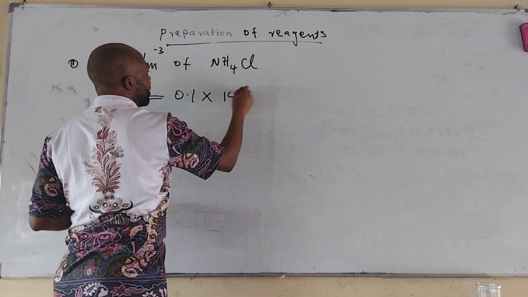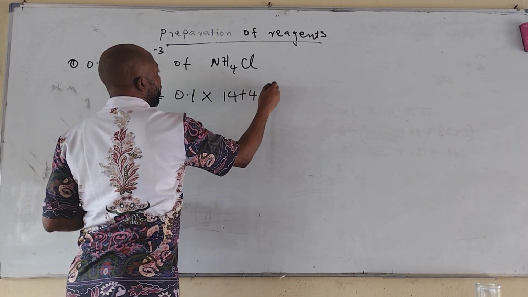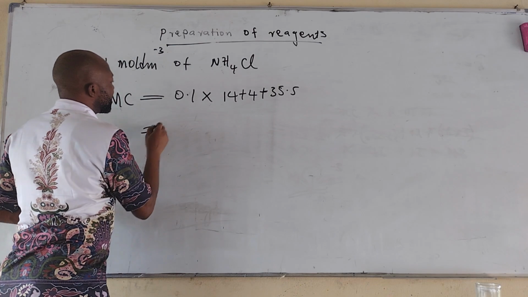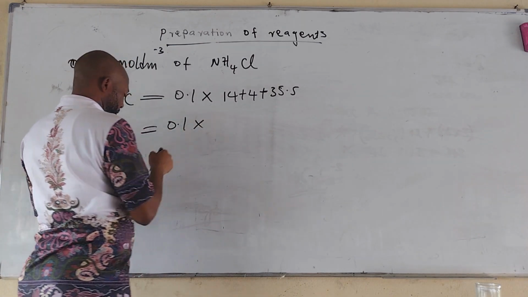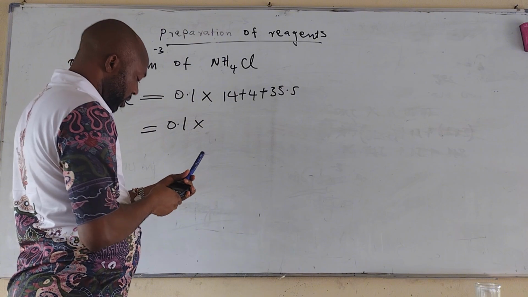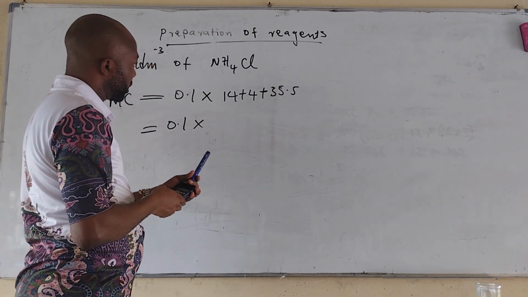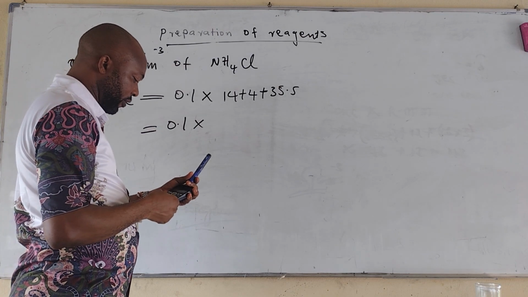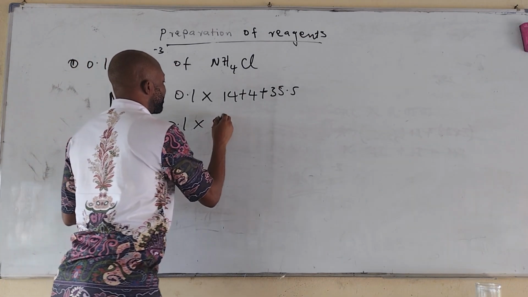Nitrogen is 14, plus 4, plus 35.5, gives us 53.5.